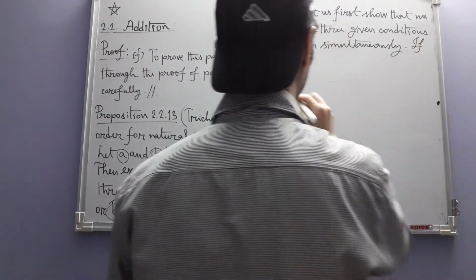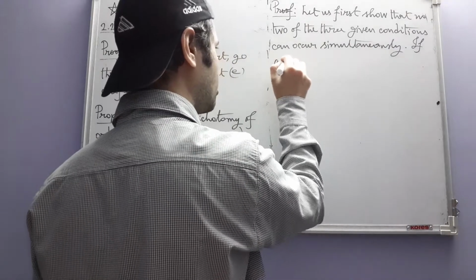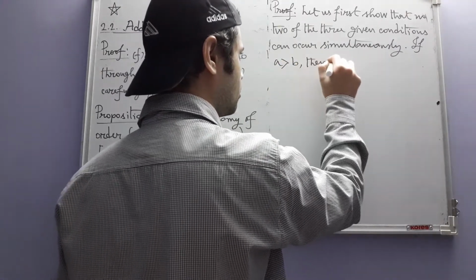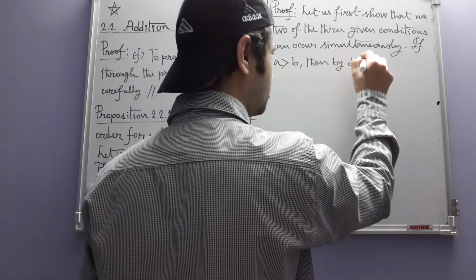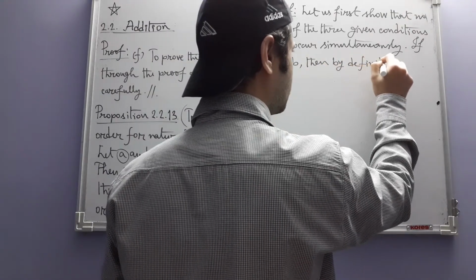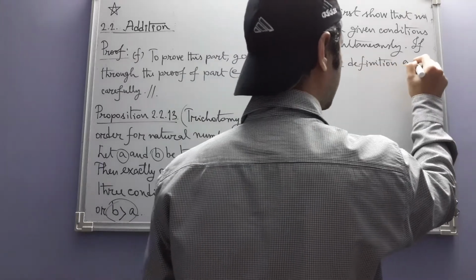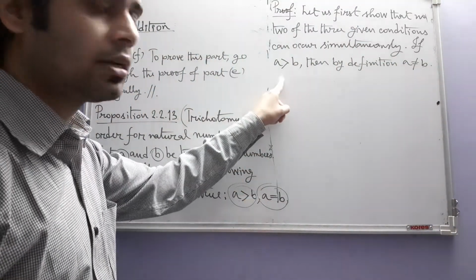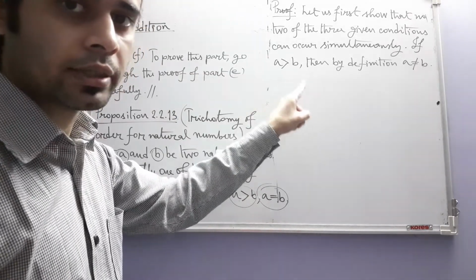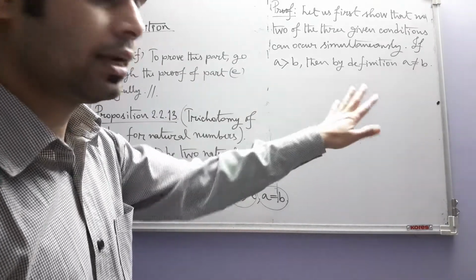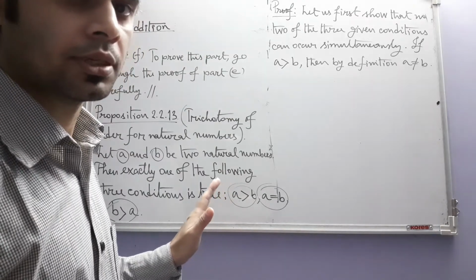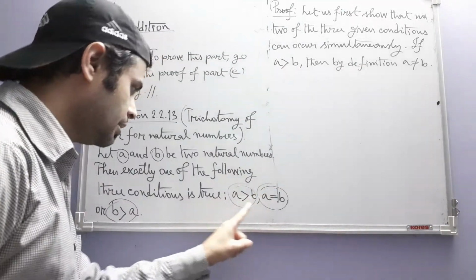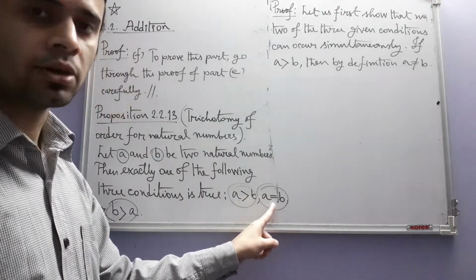If A is greater than B, then by definition A is not equal to B. Because A is greater than B means A has to be greater than or equal to B, and A is not equal to B. So from the definition of this relation, this thing simultaneously cannot happen.